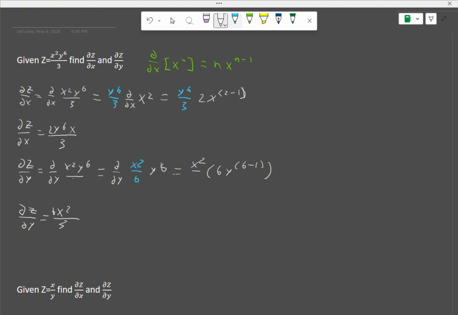I realized I put a 6 there instead of a 3. 6x squared times y to the fifth all over 3. And that can be reduced to 2x squared y to the fifth.